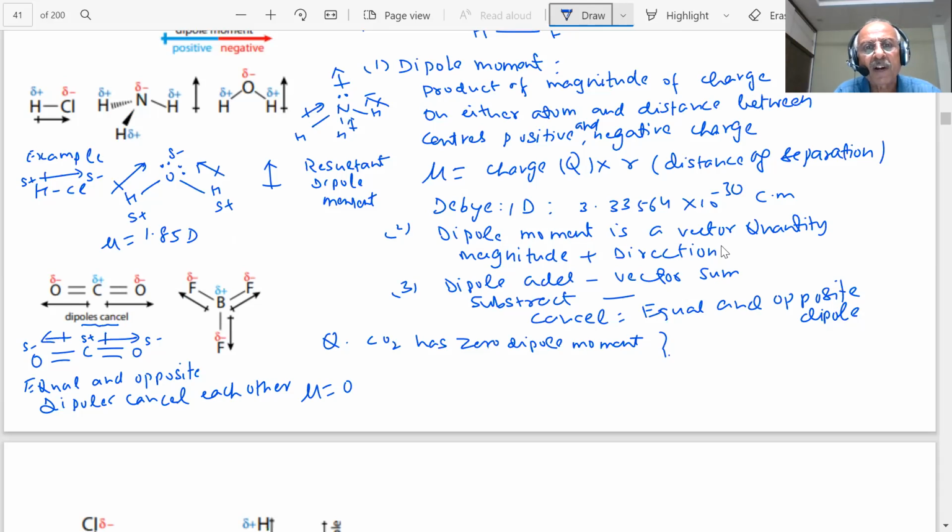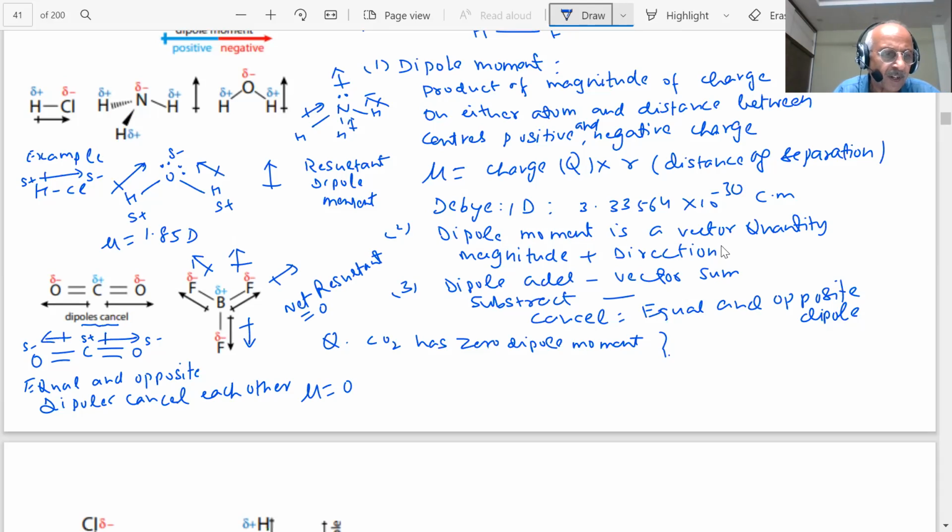And in BF3, what happens? BF3, students, you can see there is a dipole in this direction and there are dipoles in this direction. The resultant of this is this. And the net resultant is 0 in the case of BF3. You know, BF3 is a triangular planar molecule.